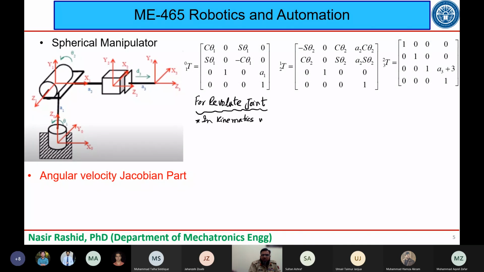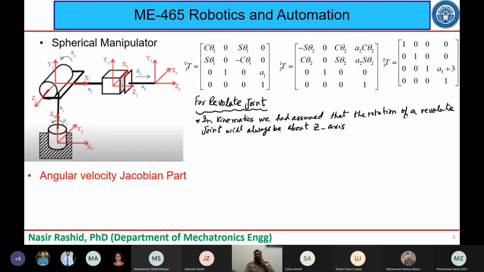In kinematics, we had assumed that the rotation of a revolute joint will always be about z-axis. Okay, you remember that we used to say that whichever revolute joint we have, it will rotate about its z axis.